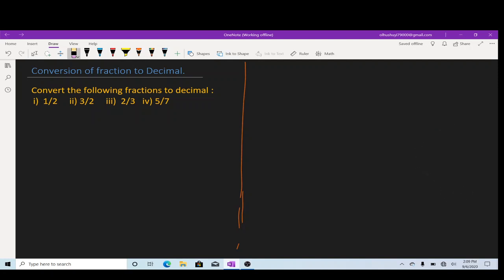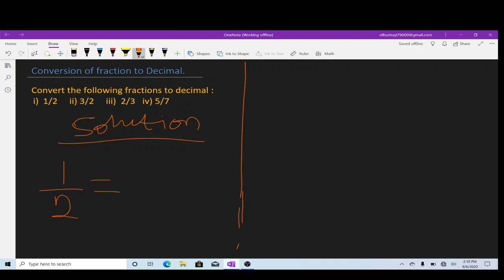So the first example, let's solve. Solution: 1 upon 2. What type of fraction is this? It's a proper fraction because the denominator is bigger than the numerator.